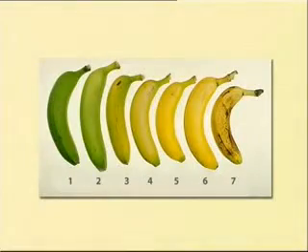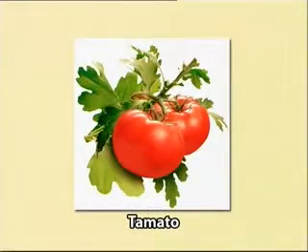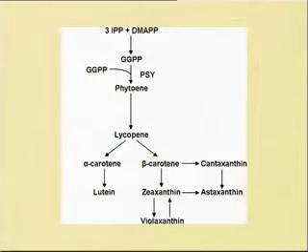Changes in fruit color involve changes in the expression of pigment biosynthetic genes. The major pigment in tomato is a carotenoid. The first committed step in carotenoid biosynthesis is catalyzed by phytoene synthase, and the gene for this enzyme is induced by ethylene.